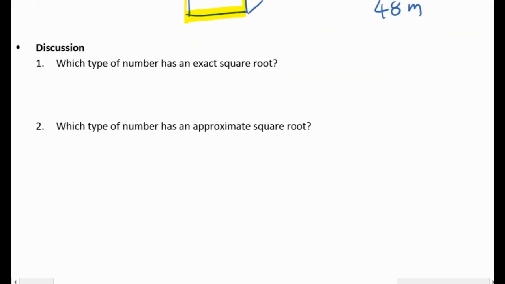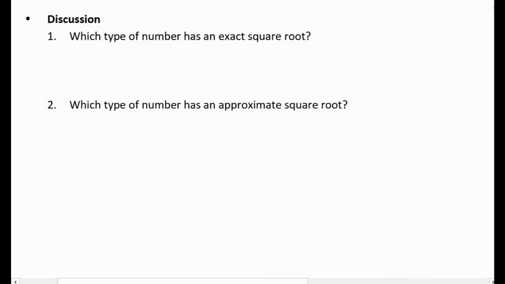Okay. Let's move on. Discussion questions. Which type of number has an exact square root? So exact square root means when you have square root of 4. What is this? So you have an exact number, right? Square root of 9. What is this?